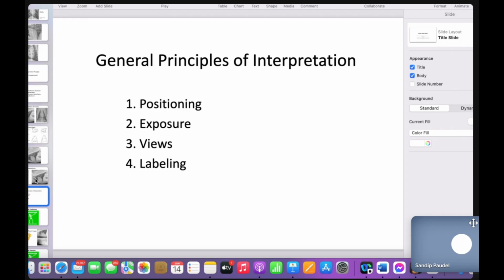Otherwise, sometimes some mistakes can happen. I'm stressing labeling more, because if we don't label the X-ray properly, even if we send that X-ray to another person for evaluation, misinformation can come. So we always have to label left, right, and which view. It is very important.